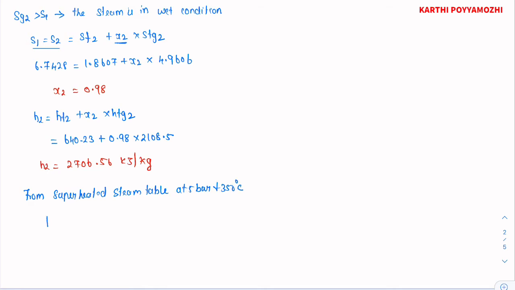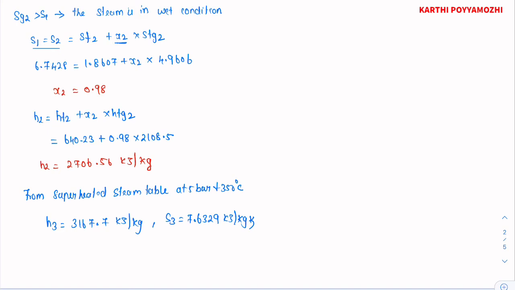The value of H3 is equal to 3167.7 kilojoule per kg, and S3 is equal to 7.6329 kilojoule per kg Kelvin.